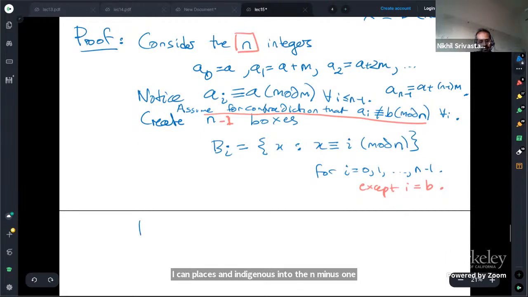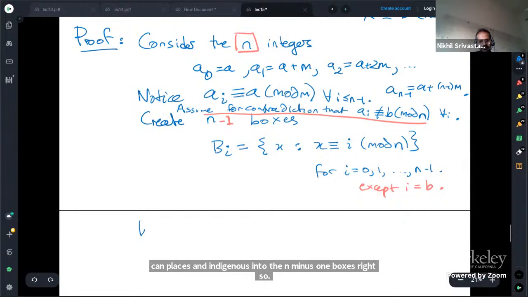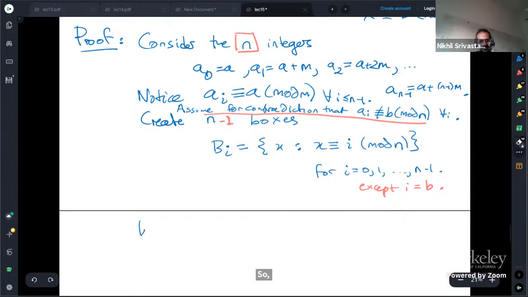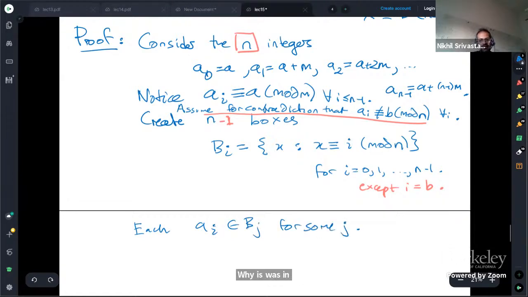So we place each a_i in its box, right? So each a_i lies in B_j for some j, but by pigeonhole, there are n minus 1 boxes and n integers.